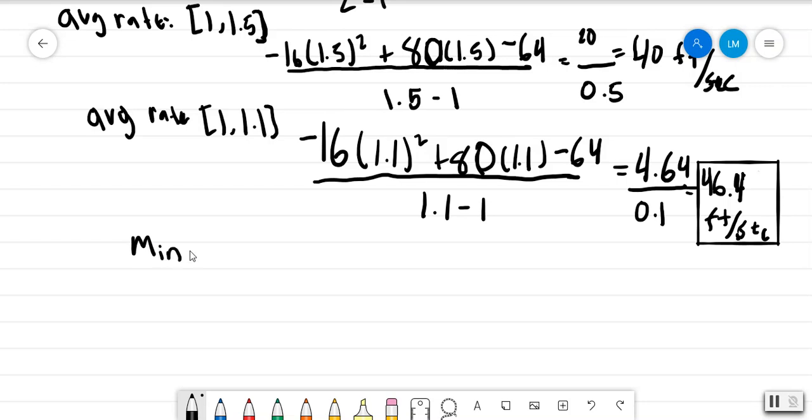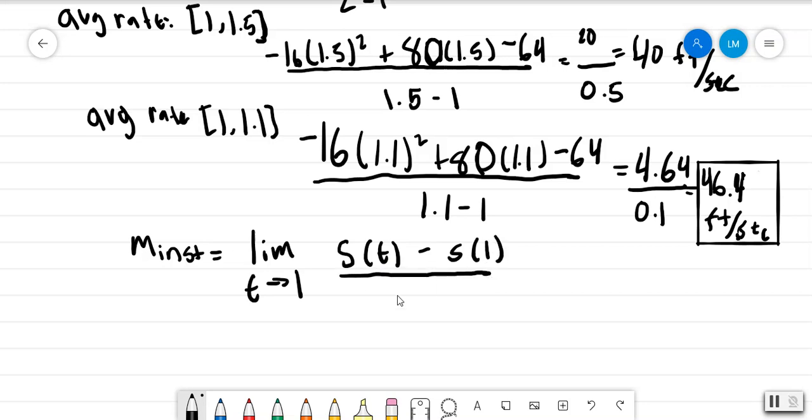So we'll just say that, for example, the instantaneous velocity is going to be given by the limit as t approaches 1 of s of t minus s of 1, all divided by t minus 1.